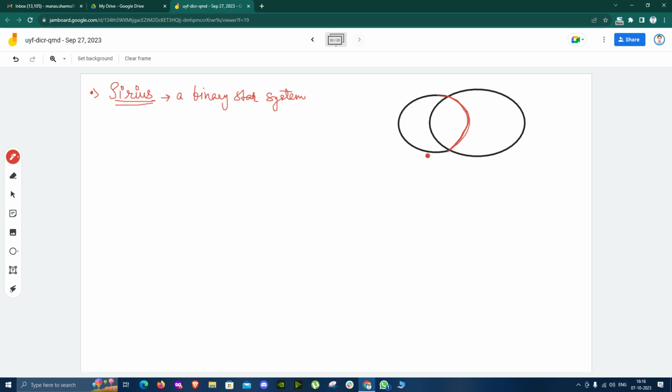One member of the pair is Sirius A. This is the path being followed by Sirius A, let me write A here with the mass MA, and this is the path of Sirius B, with mass MB. These two are the paths of both the stars.